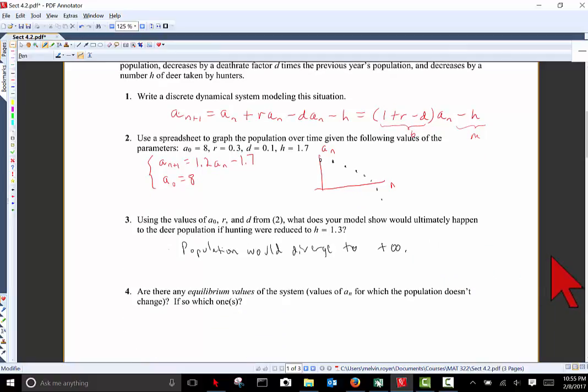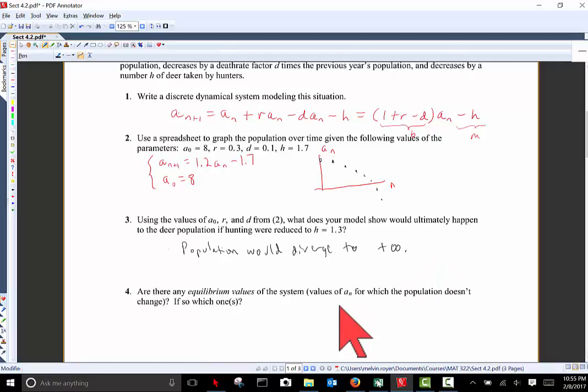Next question, are there any equilibrium values of the system? So if this is the deer population, say in a national park, and you're the park manager in some sense, you don't like either one of these scenarios. You don't want the deer to die out, but neither do you want the deer population to go to infinity and crowd everything else out.